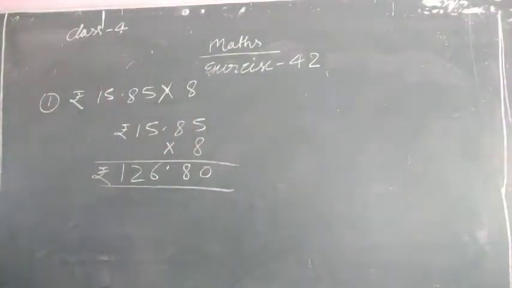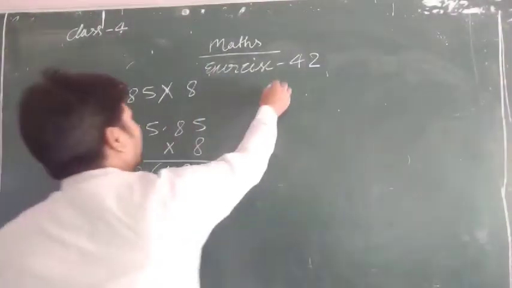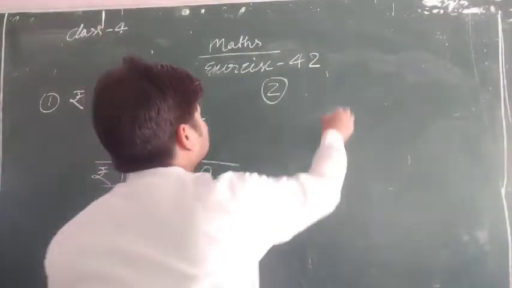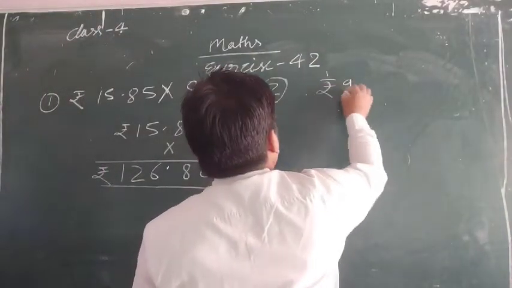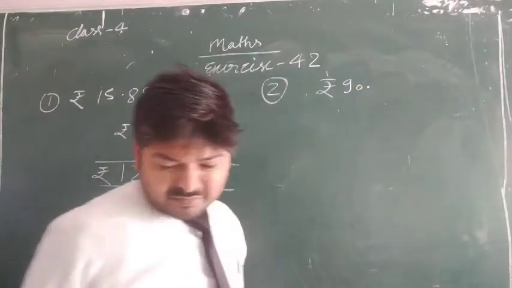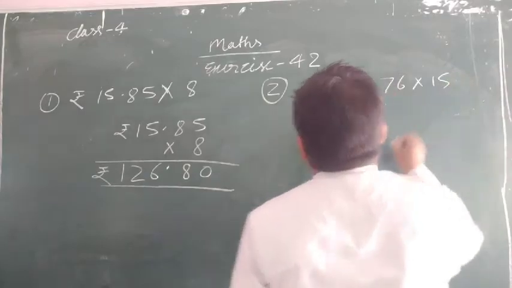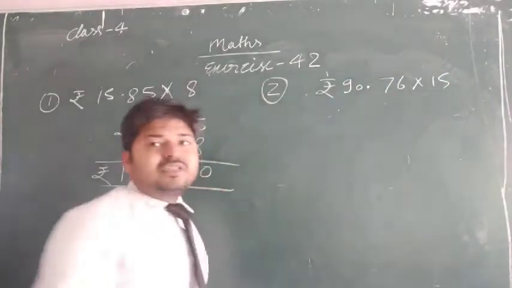One more question I am going to tell you. Question number 2. Rupees 90.76 multiplied by 50. So this is 2-digit multiplication.